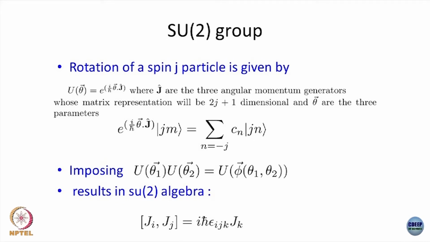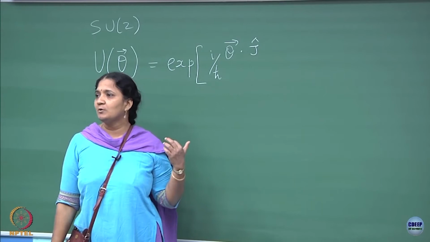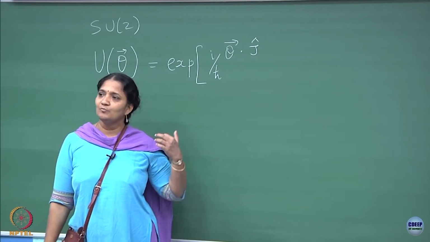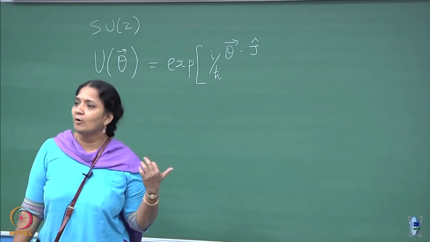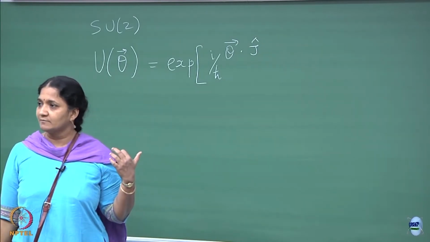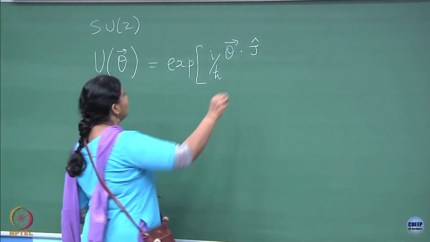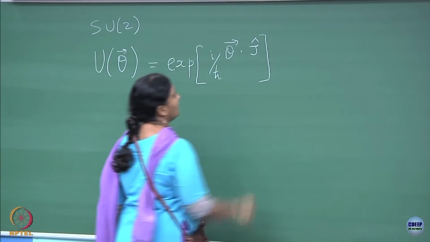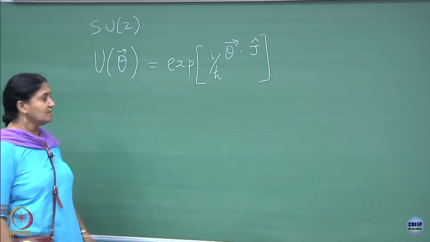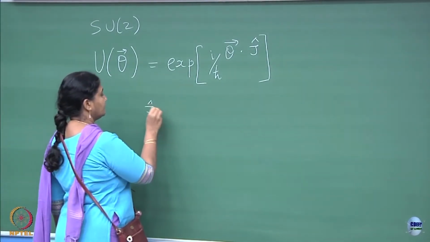I said the number of parameters will always be equal to the number of generators. In the case of rotation, I wrote it as orbital angular momentum. Here I am going to write it as the total angular momentum, which includes spin angular momentum and orbital angular momentum of a particle.